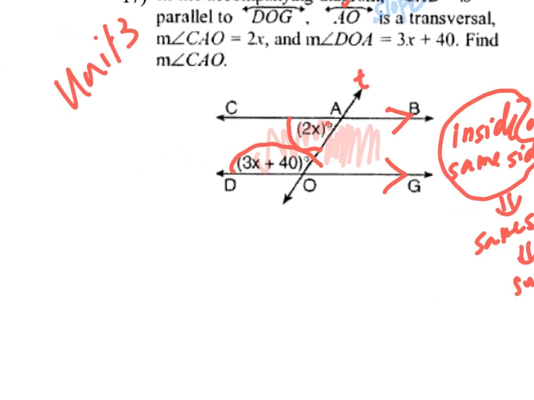So let's set up an algebraic equation that we can use to solve for x so that we can find the measure of angle CAO. I know that this angle CAO, which is represented by 2x, when I add it to angle DOA, which is 3x plus 40, they're supplementary, so they add up to 180.